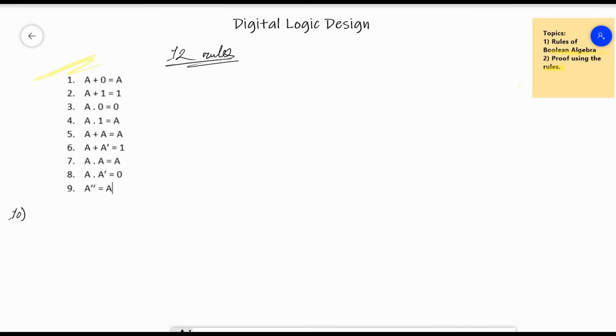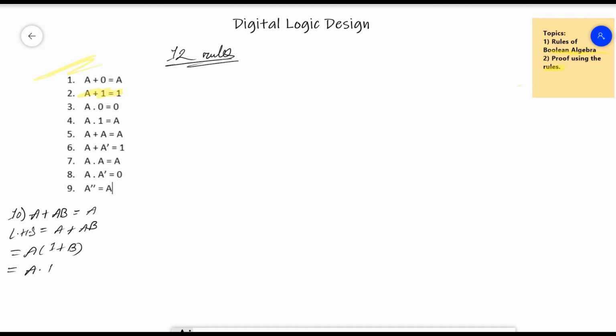Rule number 10 is A plus AB is equal to A. Now let us prove it. In the left hand side we have A plus AB. We can take A common, so we have 1 plus B. Then 1 plus B is equal to 1, because as we can see from rule number 2, if we add 1 with any variable we get 1.